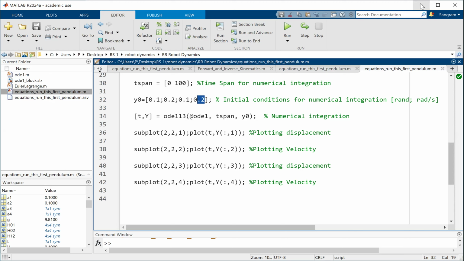This distance, actually, let me write this down like this. This distance is D1 or D2. This distance is A1.